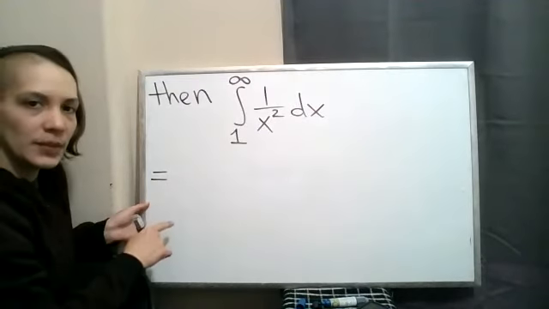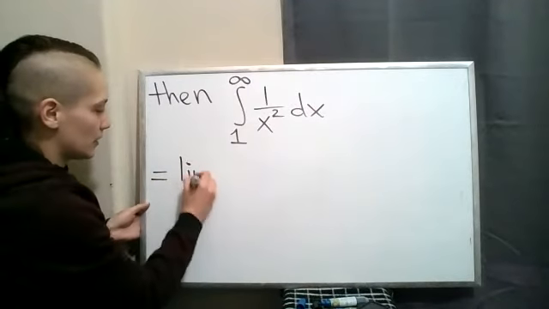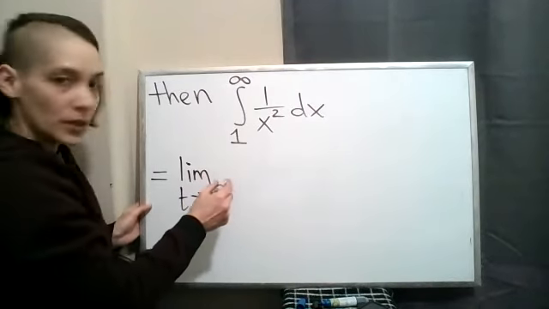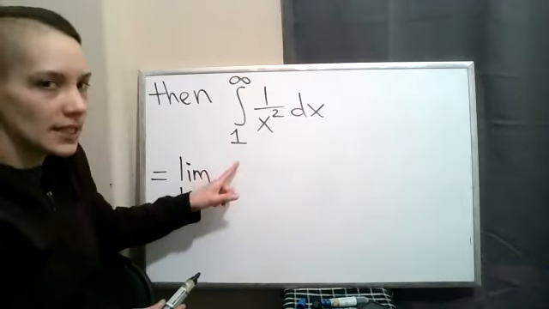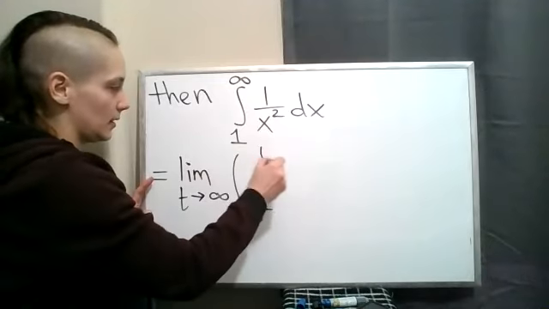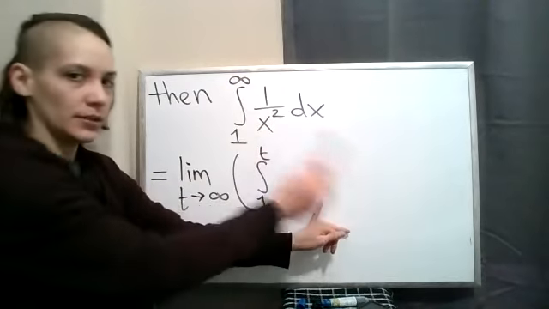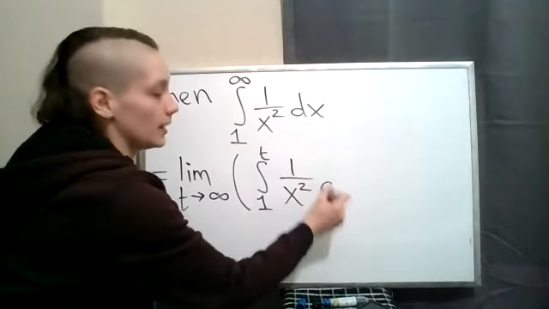We change this to the limit as t goes to infinity of the integral from 1 to t of 1 over x squared dx.